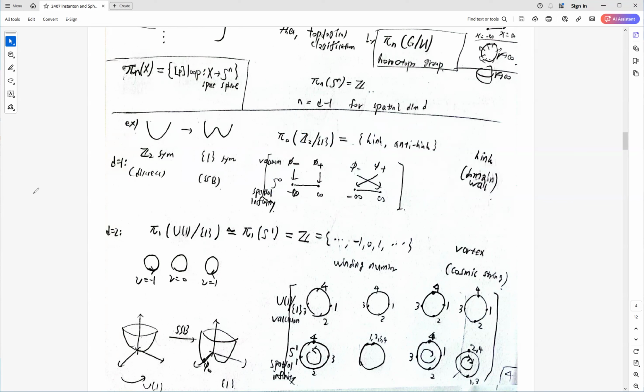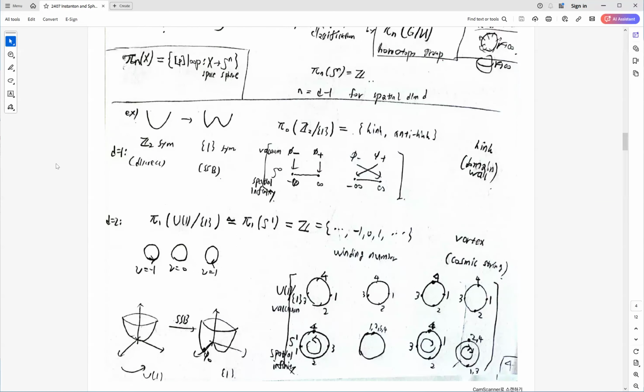For the d equal to 2 dimension, there appears the vortex. In this case, before the symmetry breaking, the symmetry is given by U1 with such a potential, but after the SSB, there is no remaining symmetry. The spatial infinity is the S1 circle at r equal to infinity in 2 dimensions.